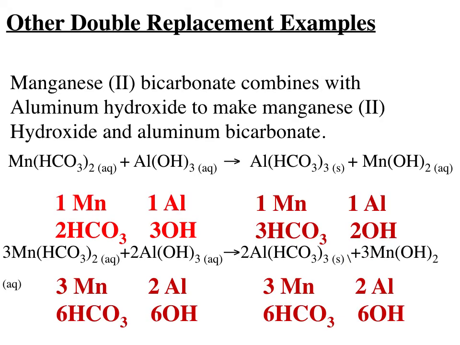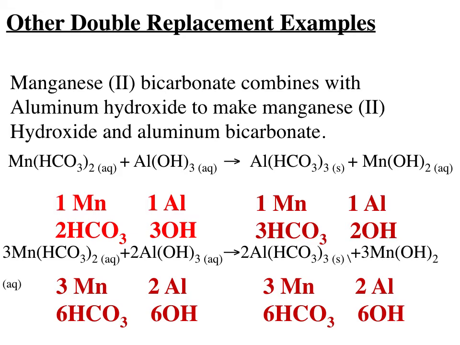Another example of a double replacement: I have manganese 2 bicarbonate reacting with aluminum hydroxide to form manganese 2 hydroxide and aluminum bicarbonate precipitate. So again, I have 3 dissolved species, one which rains down out of the solution as a solid precipitate, and I have a double replacement where the manganese and aluminum are swapping places.